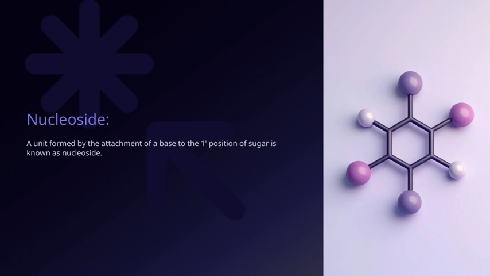It's just the sugar and the base. Understanding this helps us see how nucleotides are formed, since nucleotides are basically nucleosides with one or more phosphate groups attached. So, in the context of the overall structure of genetic material, nucleosides are crucial because they form the backbone of the more complex molecules like DNA and RNA.